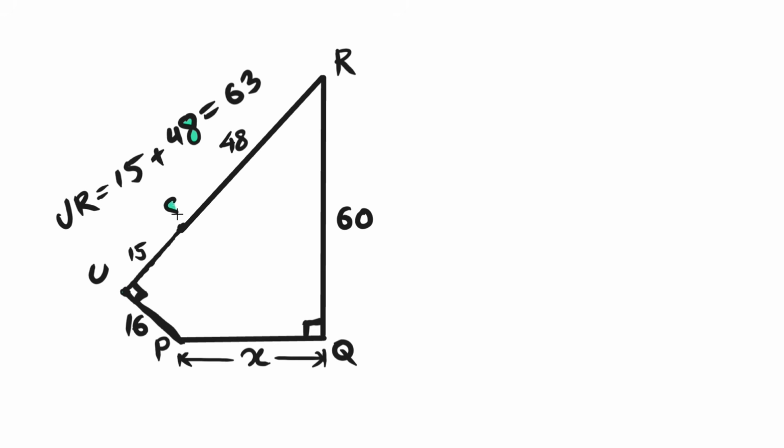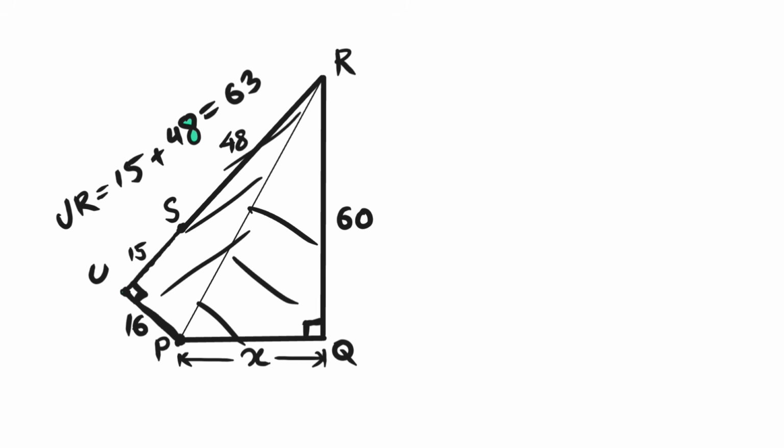Now here's our next big move. We're going to connect point P directly to point R with a straight segment, and pay attention to this simplification, because this single line does something really powerful. It splits our whole figure into exactly 2 right triangles.